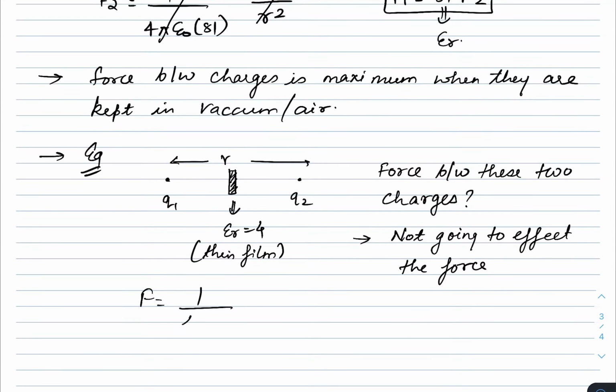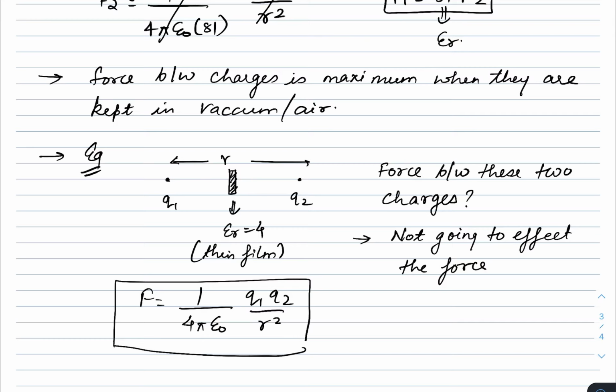the force. That means epsilon R will not come in this expression of force. The force will be 1 by 4 pi epsilon naught Q1 Q2 by R square. The most important thing is the charges must be inside the medium, then only the force changes. Here the charges are in air only, so it will not change the force between them. For force to change, the charges Q1 and Q2 must be in the medium.